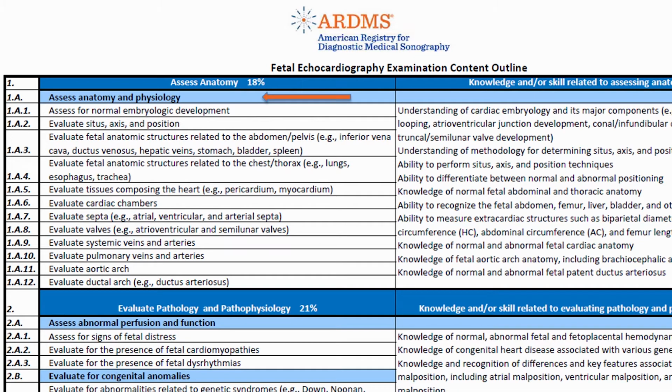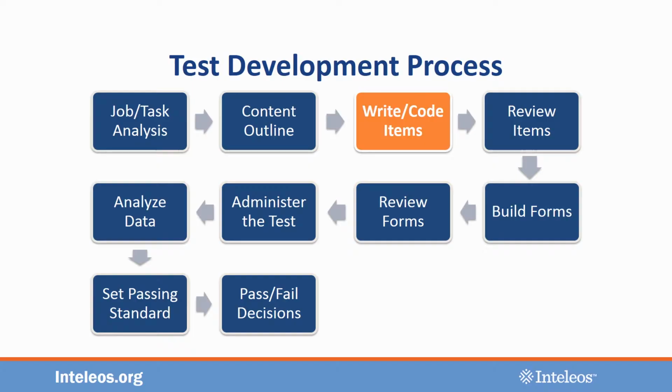Within that domain are subdomains, which are broken down further to more specific topics, such as assess for normal embryologic development. These specific topics, called tasks, are coded 1A1, 1A2, and so on. It is to these coded tasks that you, the item writer, will be asked to write and code items about.